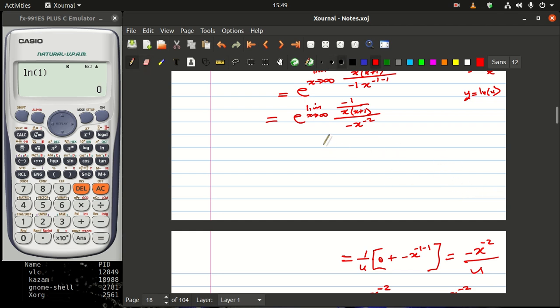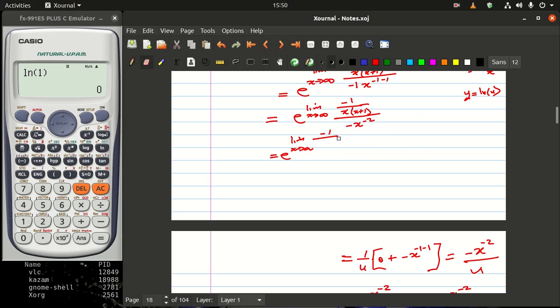So when I'm cleaning this whole thing up, I'll end up having e raised to the limit as x approaches infinity, and then here I still have minus 1 over x, and then I have x plus 1, and then I have a divide here.